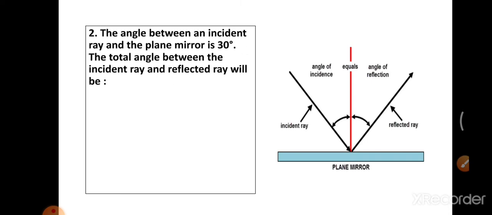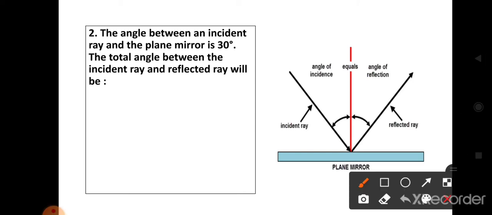In the second question, the angle between an incident ray and the plane mirror is 30 degree. The total angle between the incident ray and the reflected ray will be. Do you understand the question?